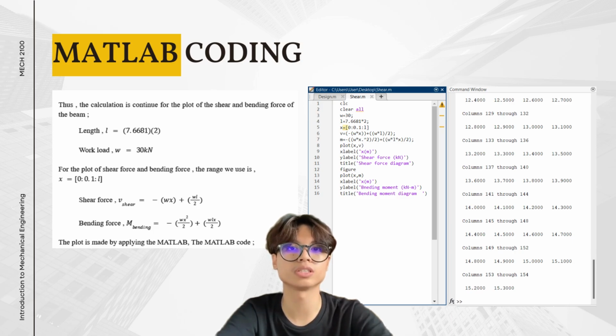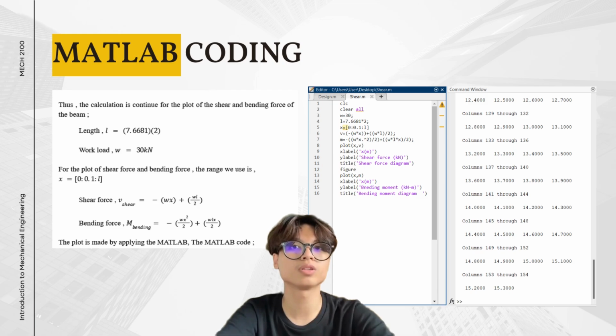The shear force equation is equal to negative weight times x plus weight times length divided by 2, and the bending moment is equal to negative weight times x square divided by 2 plus weight times length times x divided by 2. We will use both equations in the MATLAB coding to find the diagrams of the shear force and bending moment. So we move to the MATLAB coding.